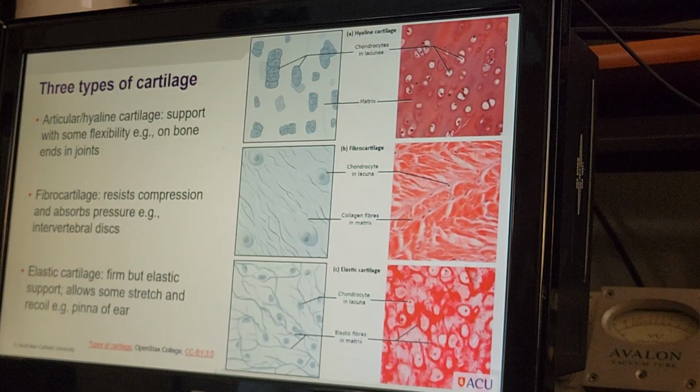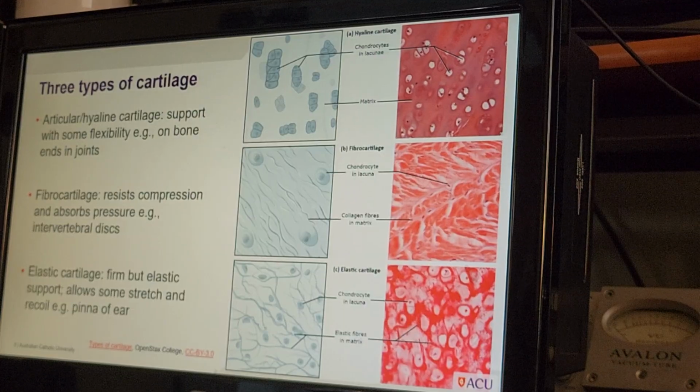The last type of cartilage we can see in C is elastic cartilage, called this because it's got elastic fibers. We can see those present in the matrix. And the cells of cartilage are called chondrocytes, and where it says lacuna, they're the little spaces within the cartilage matrix that the cells exist within.